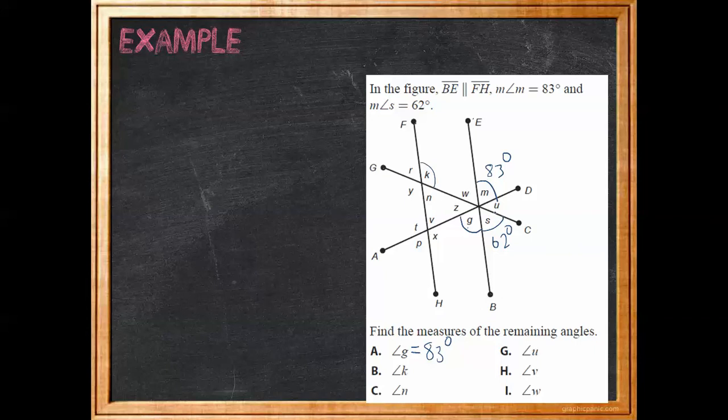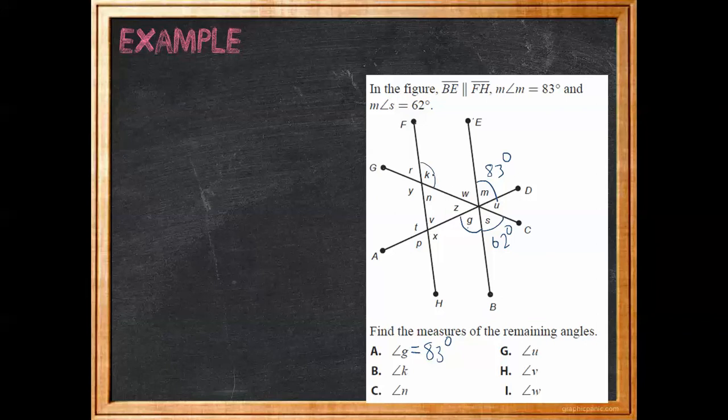Now if we look at angle S right here, it's to the right of the transversal, but on top of the parallel line. And this one is inside, but to the left. So on this one, probably what is best to do is look for a different one that we can get before we go on to angle K. Now we can go ahead and get it, but it'll be a little bit easier if we can find something else.